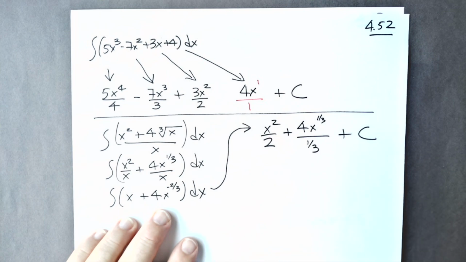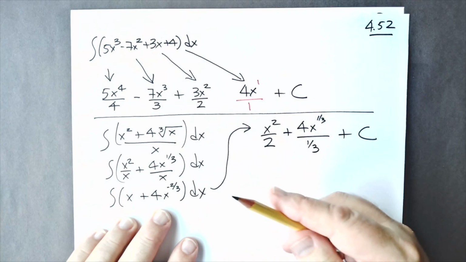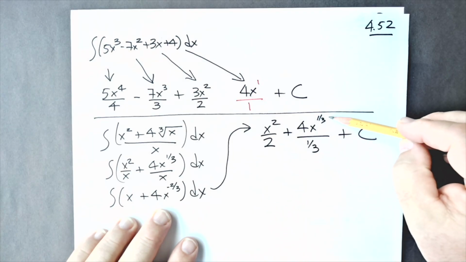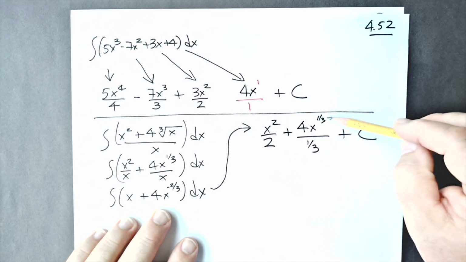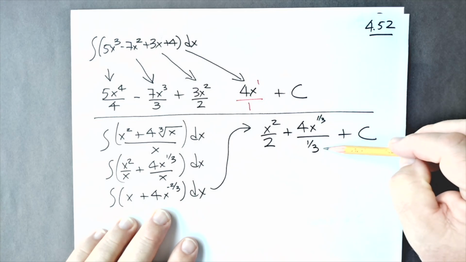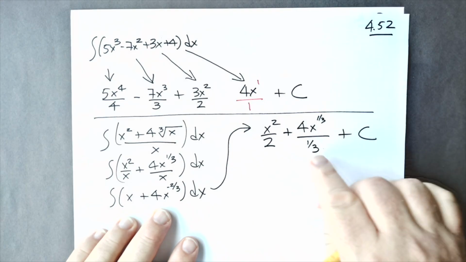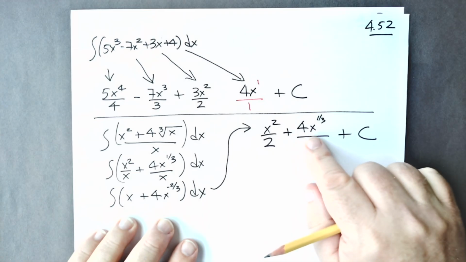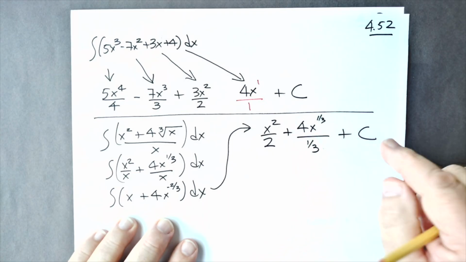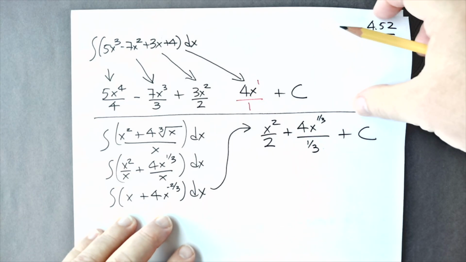So negative 2/3 plus 1 becomes 1/3. And then don't get fancy on me. Just take whatever you get here and move it down in the denominator. You can leave it there. We don't have to simplify. So 4x to the negative 2/3 becomes 4x to the positive 1/3 divided by 1/3, and our plus c.